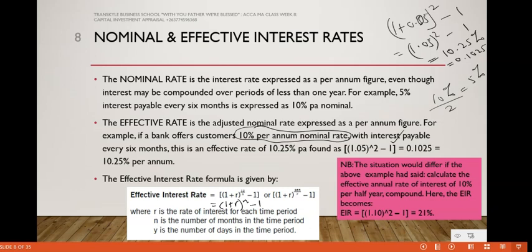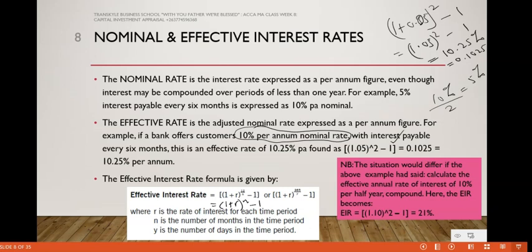If it is going to be given in terms of months, let's say interest is being paid every month, this n should be subject to the 12 months.